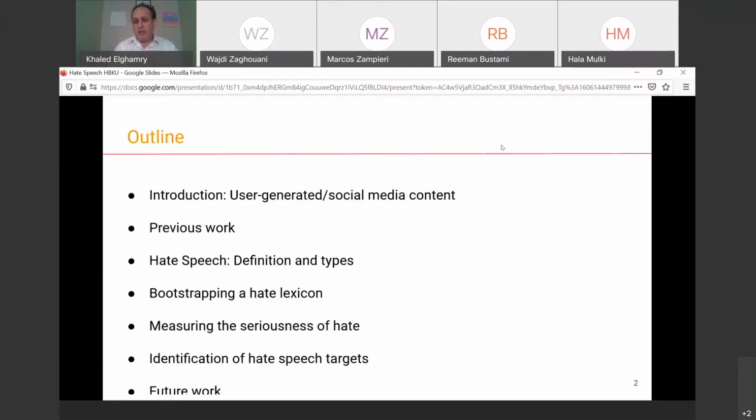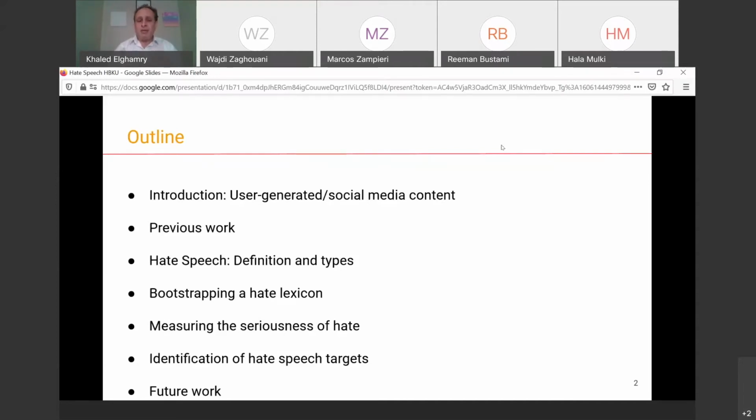I'll give an introduction about the size of user-generated content on social media, touch upon previous work, some definitions and types of hate speech, and then the contribution is threefold. First, the method I used to bootstrap a hate lexicon for Arabic.